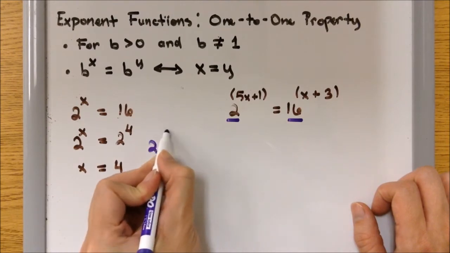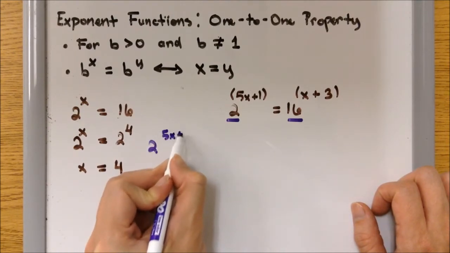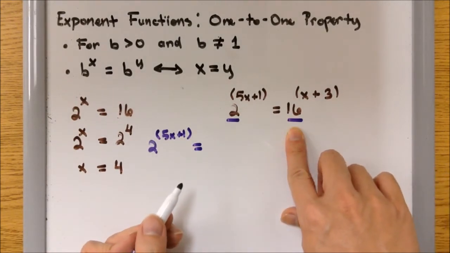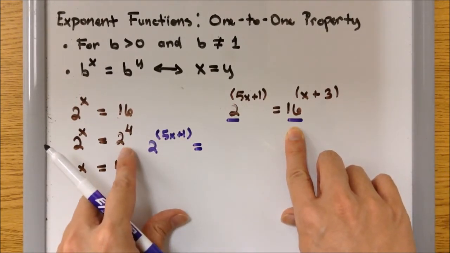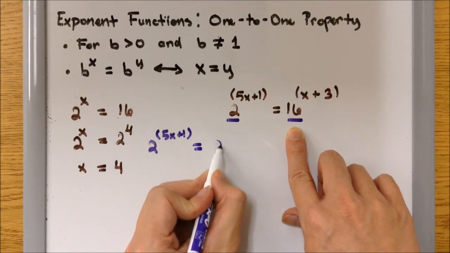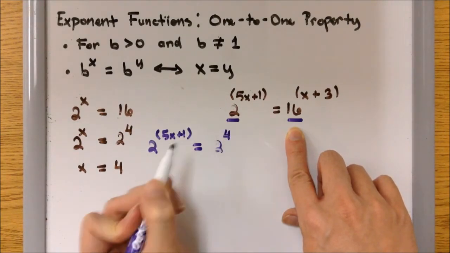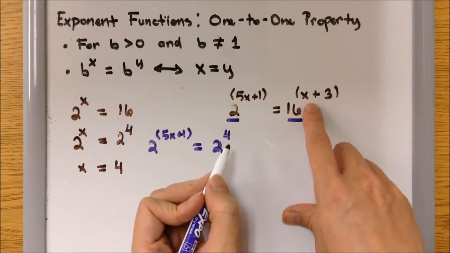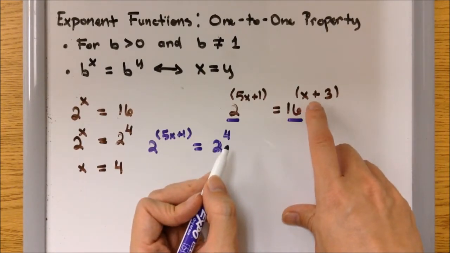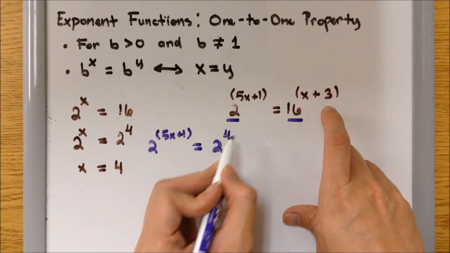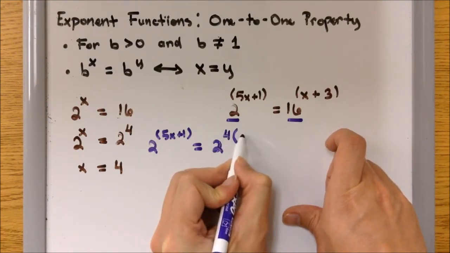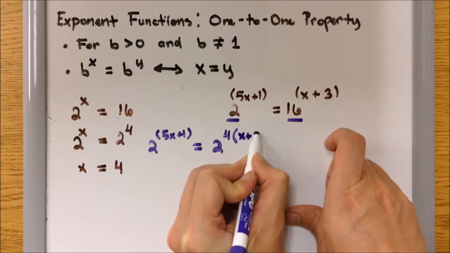2 to the power of 5x plus 1 equal, and I'm going to convert 16 into the smaller base which we did before, so 2 to the power of 4. Now I'm going to bring the original exponent from the problem and put it next to the new exponent 4, x plus 3.